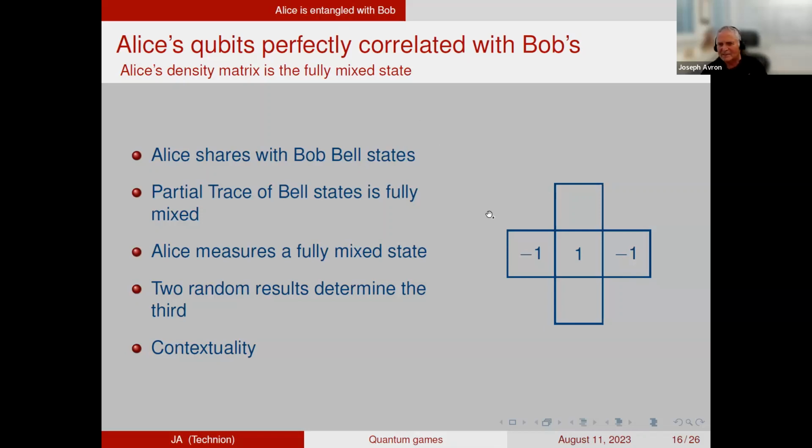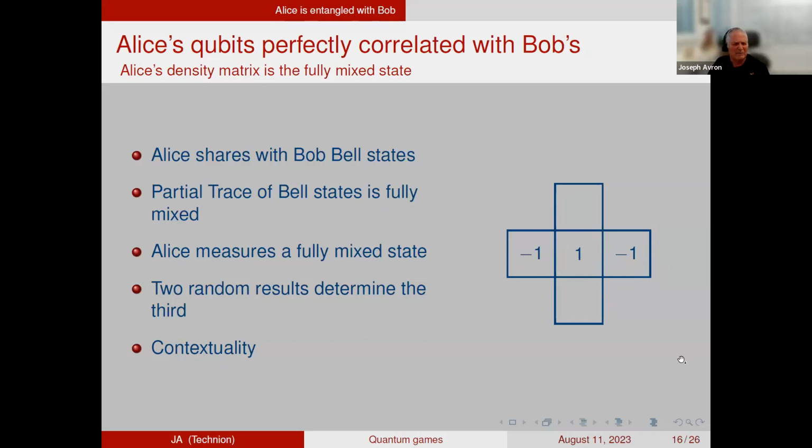So now here is something interesting. You see, the row is filled randomly, but once you measured these 2 entries, which are random numbers, the third number is completely determined because there is a constraint on the product.